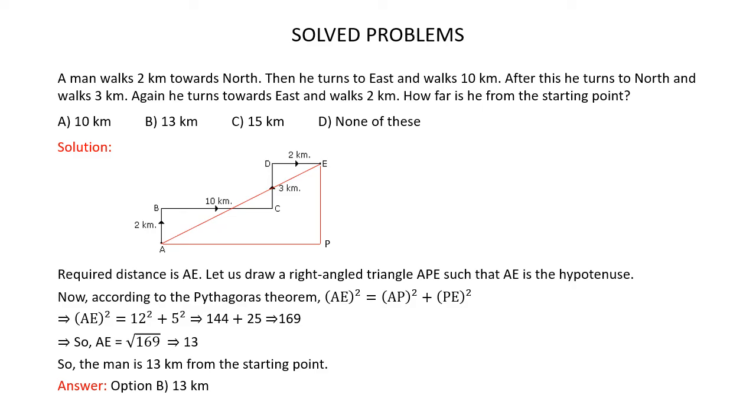So now we have AE squared is equal to 12 squared plus 5 squared, which is nothing but 144 plus 25, that is 169. So AE squared is 169. So AE is equal to square root of 169, which is 13. So the man is 13 kilometers from the starting point. The correct answer is option B, 13 kilometers.